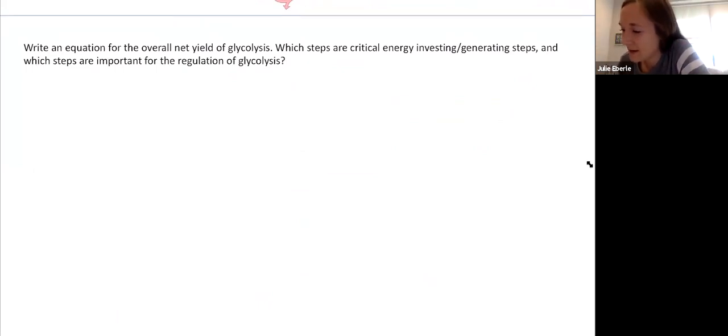Okay, a little bit more on glycolysis. Write an equation for the overall net yield of glycolysis. Which steps are critical energy investing or generating steps, which are important for the regulation of glycolysis? I want you guys to try to do this ahead of me before I just write it.